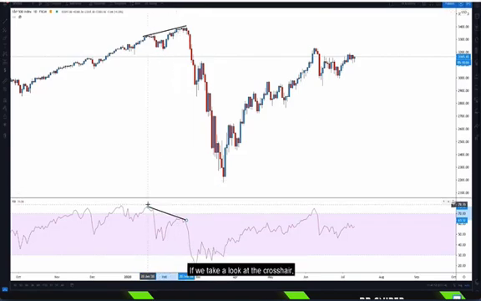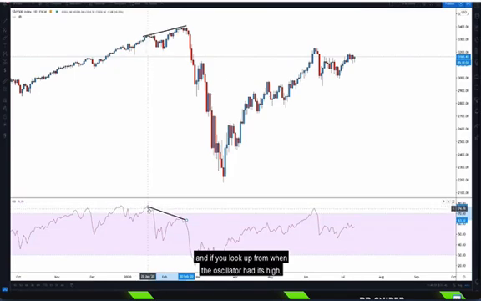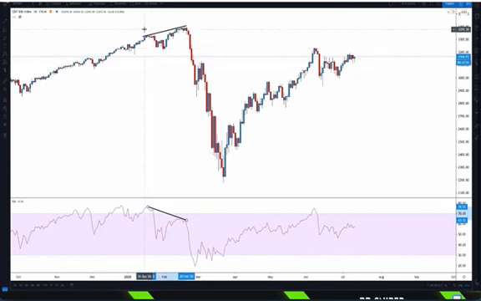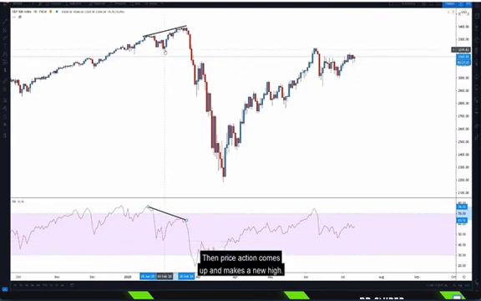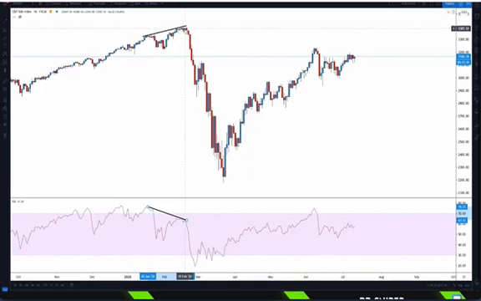If we take a look at the crosshair, and if you look up from when the oscillator had its high, what ended up happening? We saw the market within price action initially have a dip down. We see that in the oscillator as well. Then price action comes up and makes a new high.